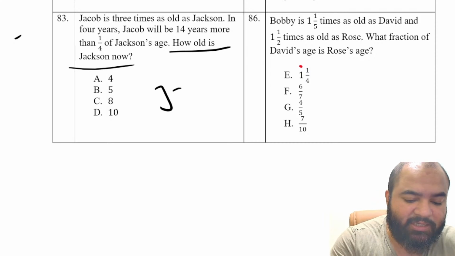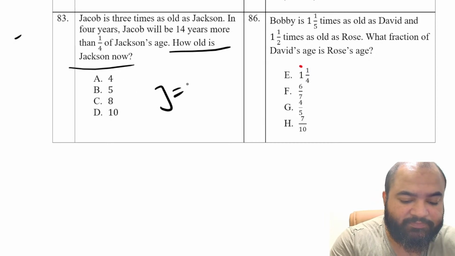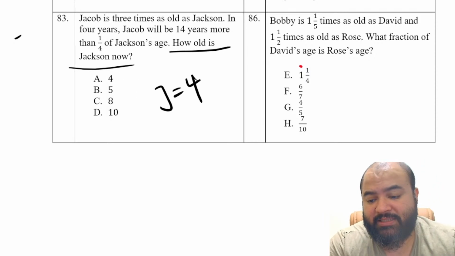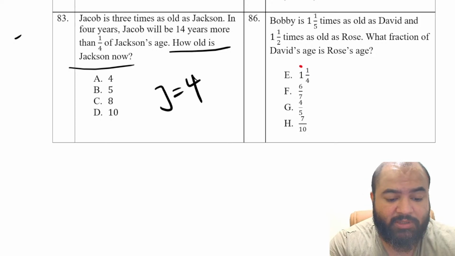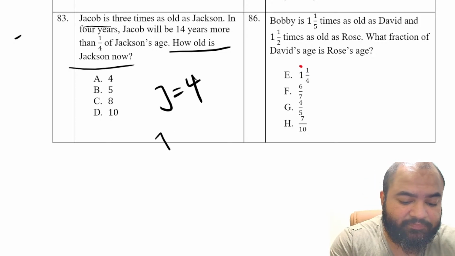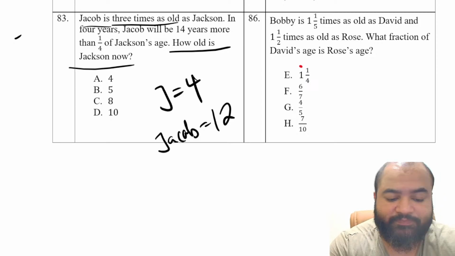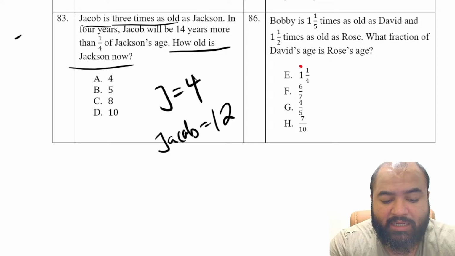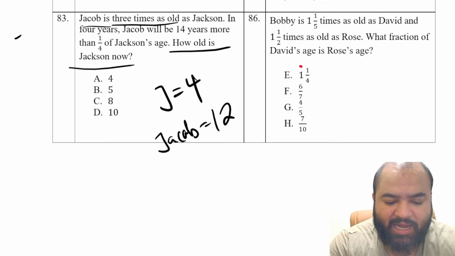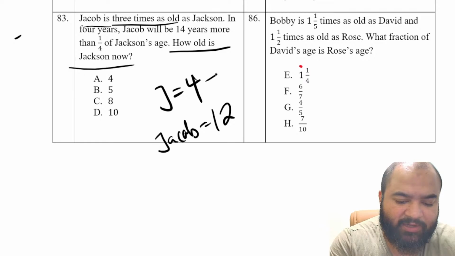So I'm going to say Jackson is 4, the first one. If Jackson is 4 years old right now, then Jacob is 3 times as old as Jackson. So that's 3 times 4, 12. In 4 years, okay, now 4 years later, how old Jackson is going to be if I do plus 4?